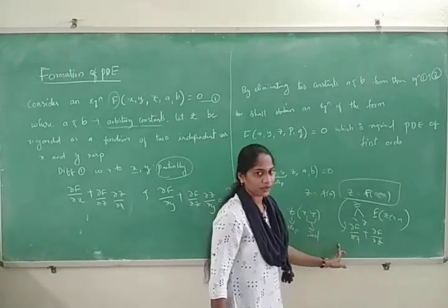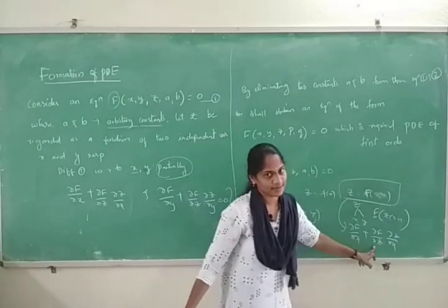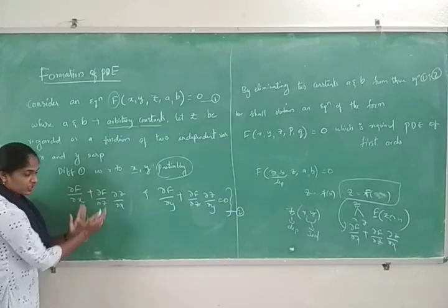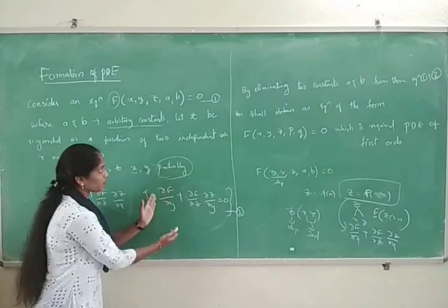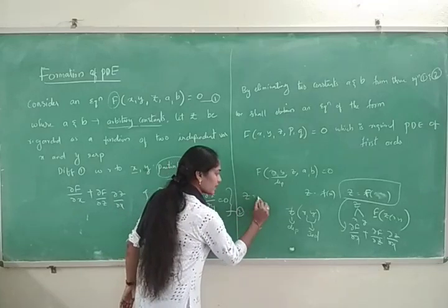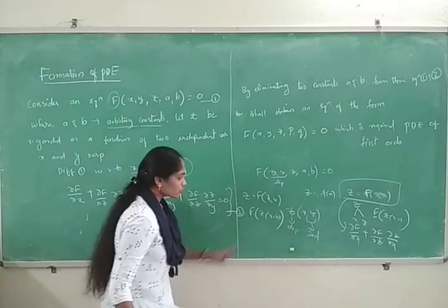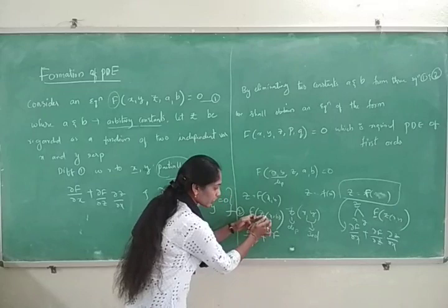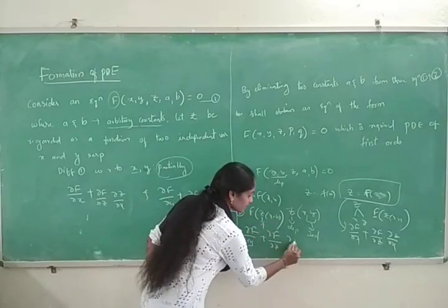First you are differentiating f with respect to x, and then f with respect to z, and z with respect to x. Same way with respect to y: f with respect to y, plus f with respect to z, and z with respect to y, since z also has y.